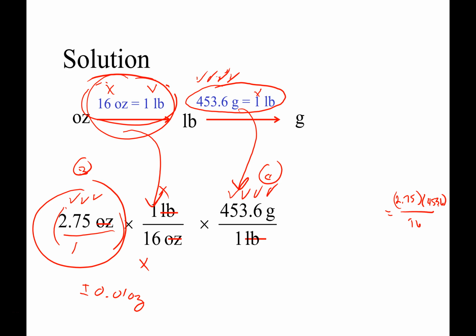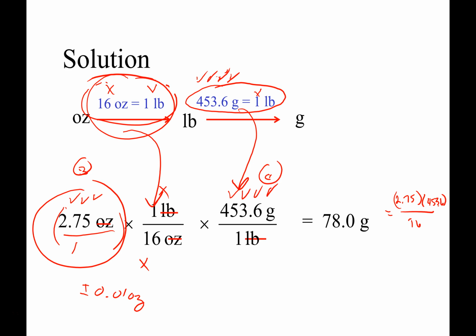You can use parentheses in your calculator: open parenthesis 2.75 times 453.6, close parentheses, hit the divide key, enter 16 and equals. Some students prefer to take 2.75 times 453.6, write it down, and then take all the stuff in the bottom and write it down. So either way. You guys told me 3 sig figs, and I agree.